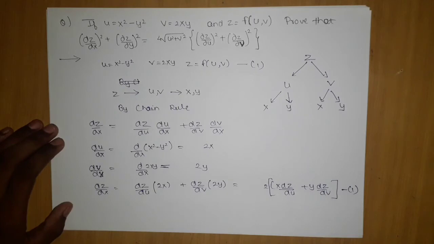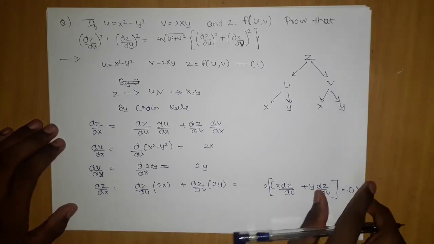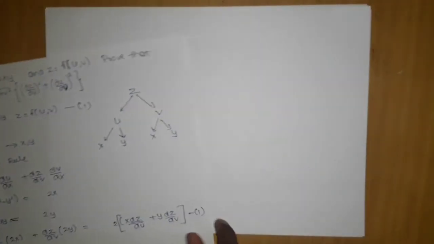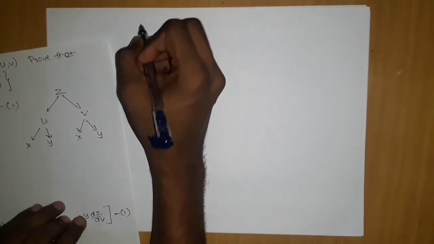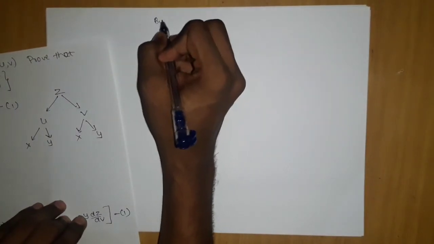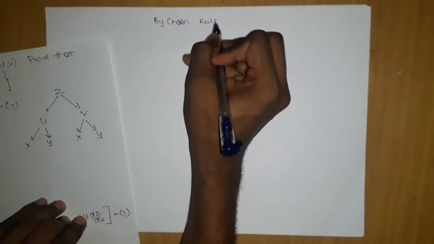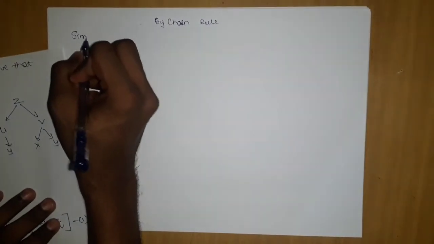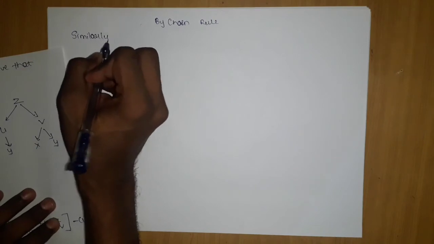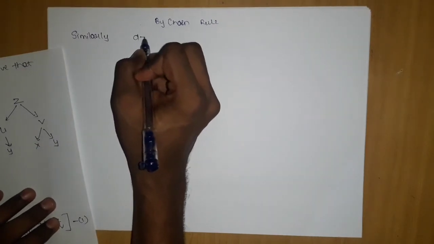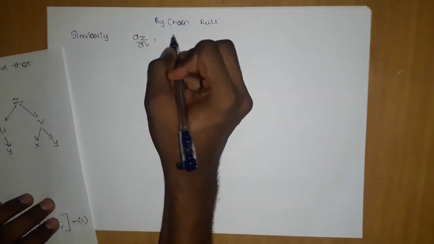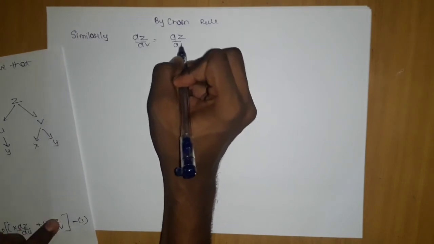Now let's get ∂z/∂y. Do we need to find the things again? No, we will say by chain rule. Similarly, ∂z/∂y will be ∂z/∂u times ∂u/∂y.